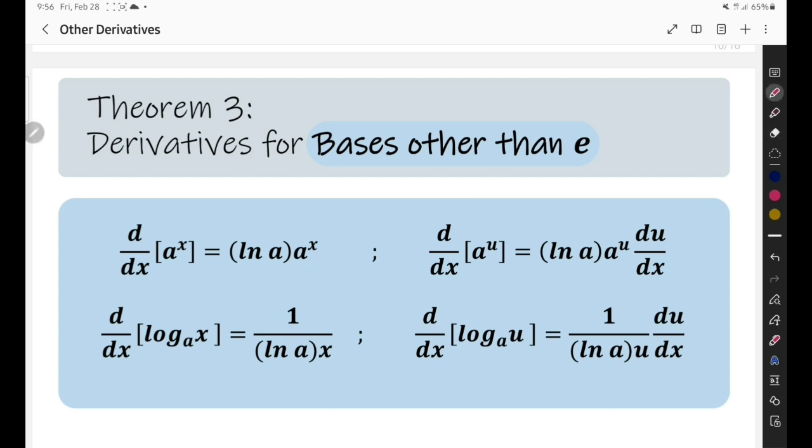For the exponential with any base, as long as it's a positive real number, if it's a raised to the x, like 3 to the x or 2 to the x, as long as it's a number here, not the letter e, and the variable is in the exponent, then it's an exponential form in this manner. When you get the derivative of that, you have ln of a times a to the x. But you have to be careful to write it within the parentheses.